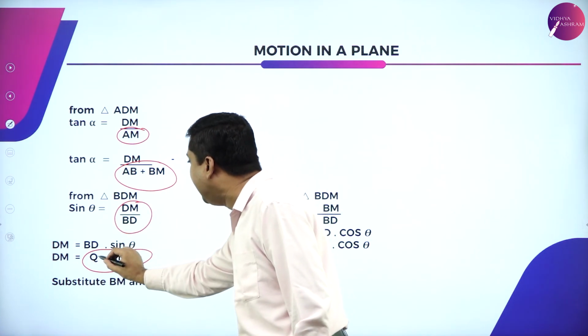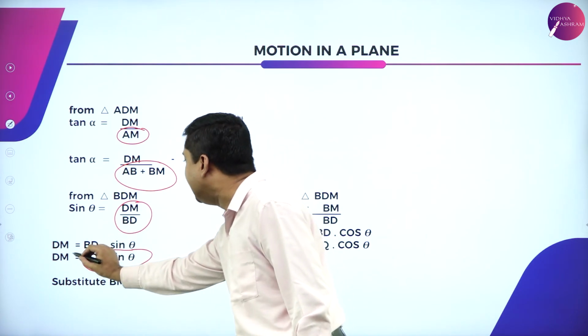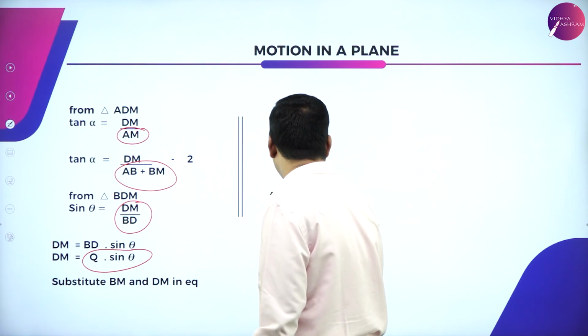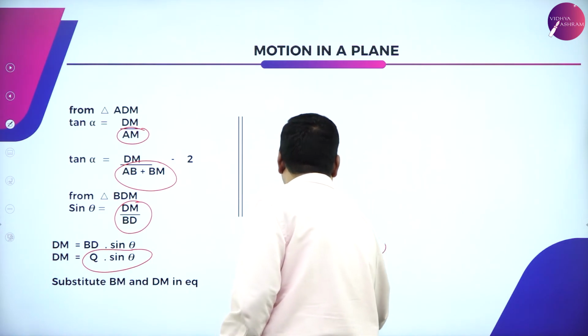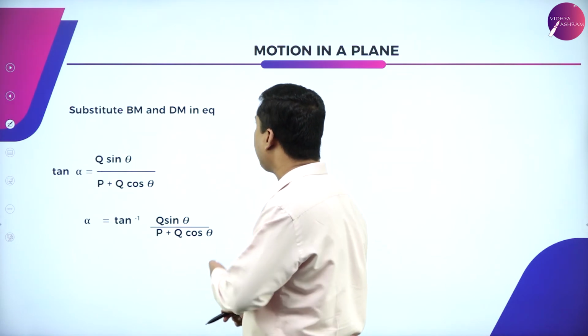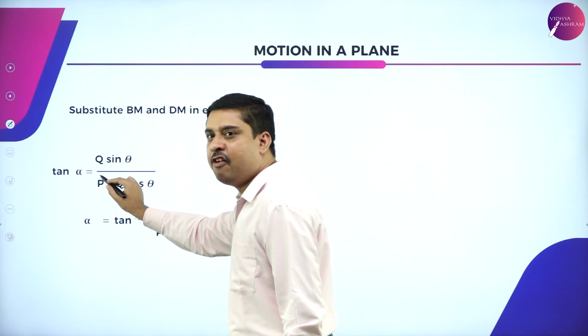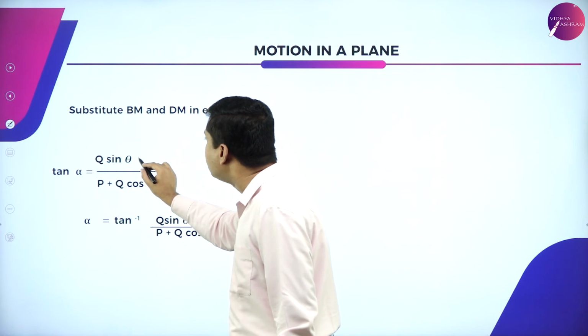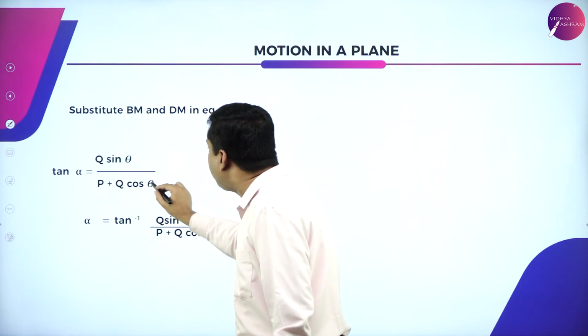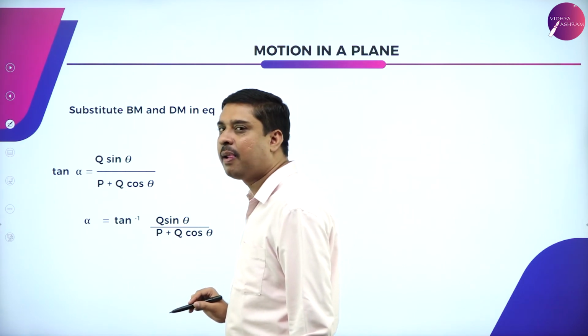I know BD is Q, so DM is Q sine theta. Similarly, BM will be Q cos theta. Substitute in equation 2. Tan alpha will be Q sine theta divided by P plus Q cos theta.